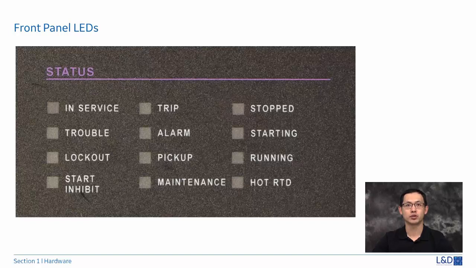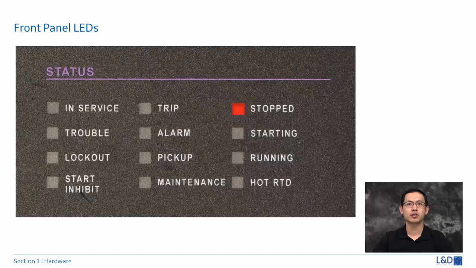Now we're going to introduce 339 motor relay specific LEDs: stopped, starting, running, hot RTD, lockout, start inhibit. For the common LEDs like in service, trouble, trip, alarm, pickup, maintenance, please refer to 101 hardware module.